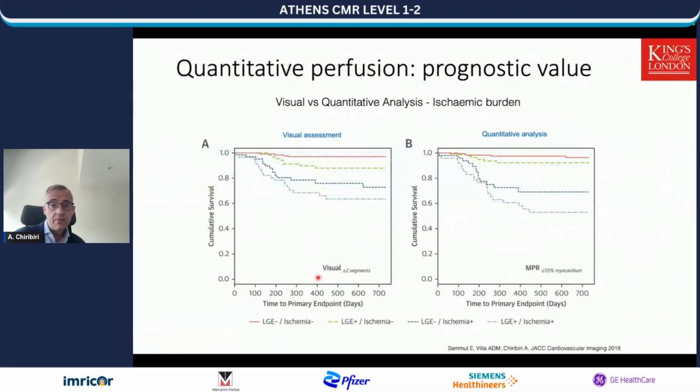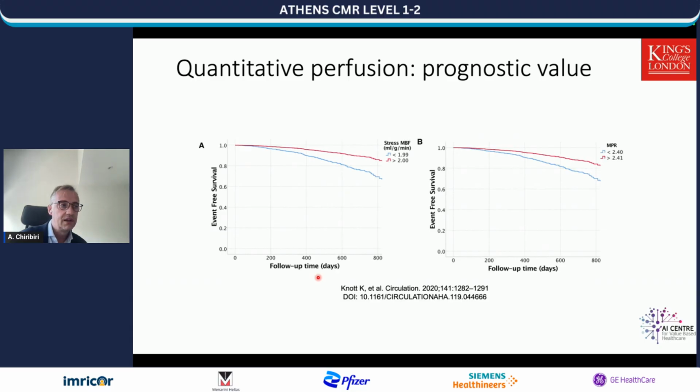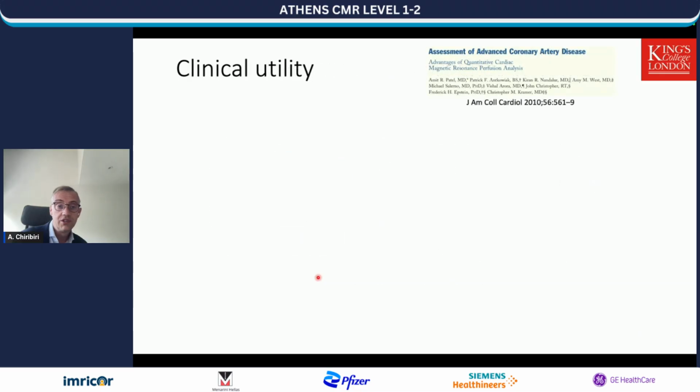Quantitative perfusion CMR has a strong prognostic value. And it has a stronger reclassification capability than visual assessment. That goes very well with the fact that we can see more multivessel disease, as shown by previous studies. And there are a number of clinical studies which confirm the prognostic value of the methodology, even when Fermi function is not utilized as the main deconvolution method.